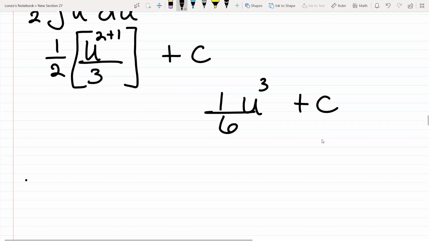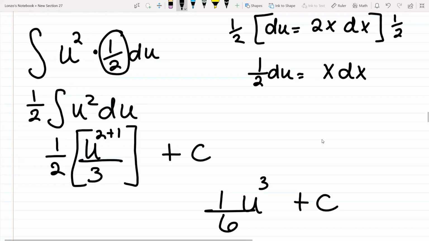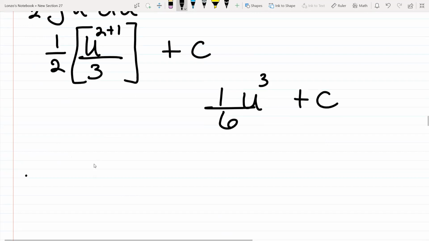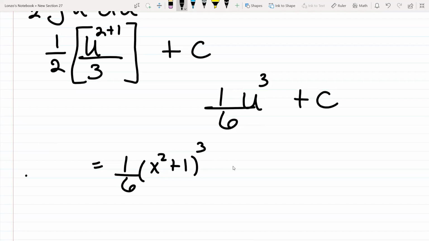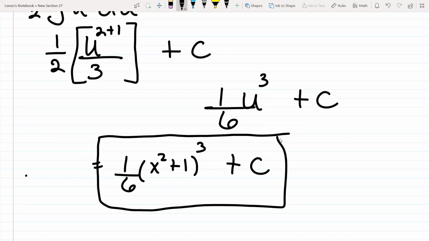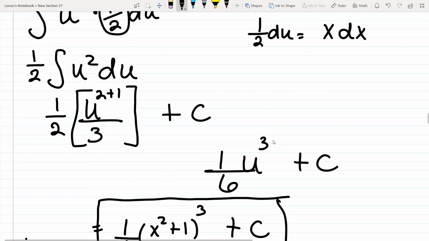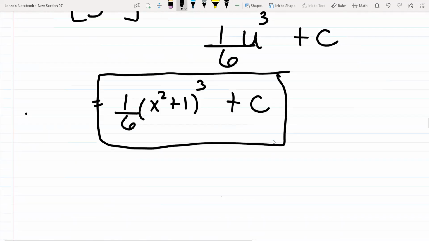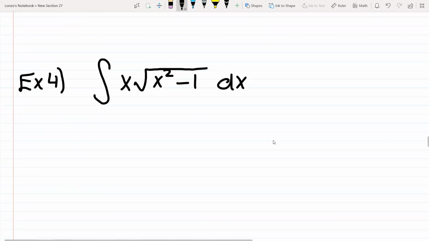And then what you're going to do is replace u with x squared plus 1. That's 1/4 times x squared plus 1, squared, plus c. Okay, final answer. So this is example 3. Let's move on to example 4.